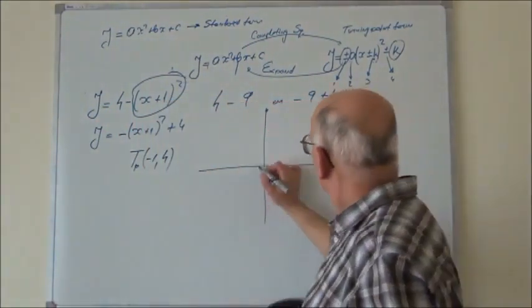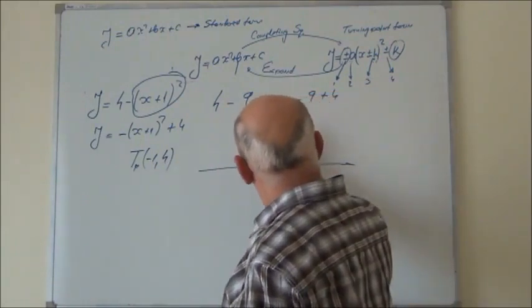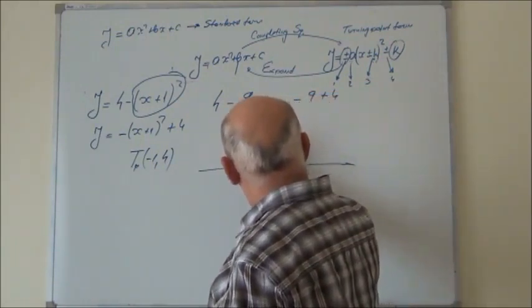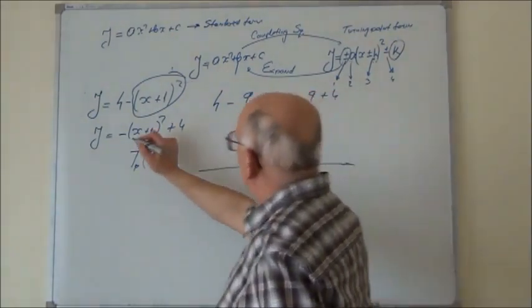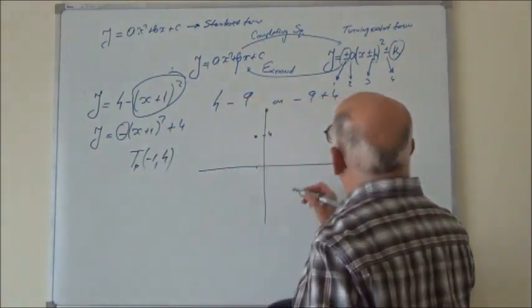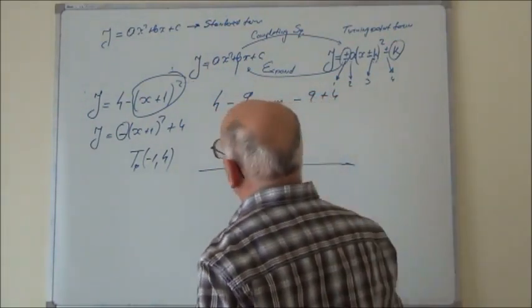So minus 1, plus 4, and the turning point is somewhere here, and we have a reflection, and the parabola is like this.